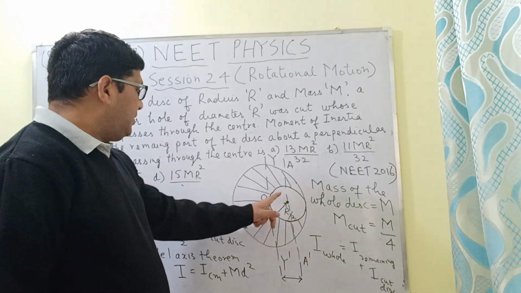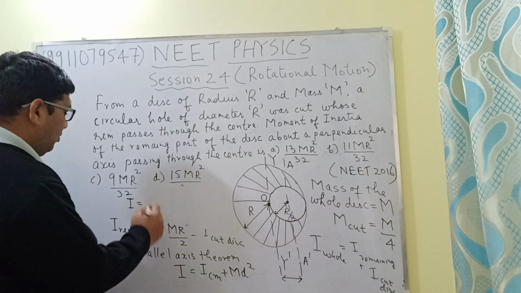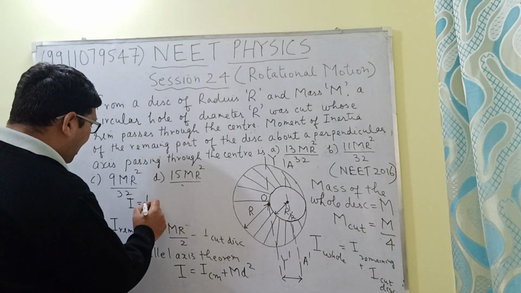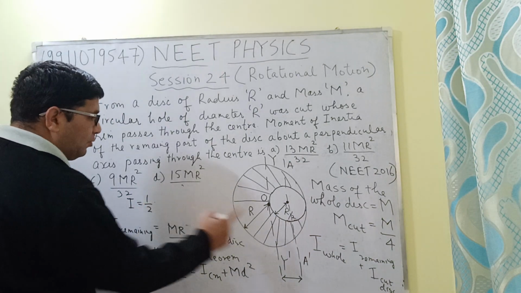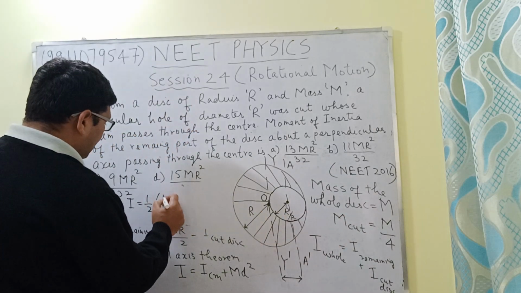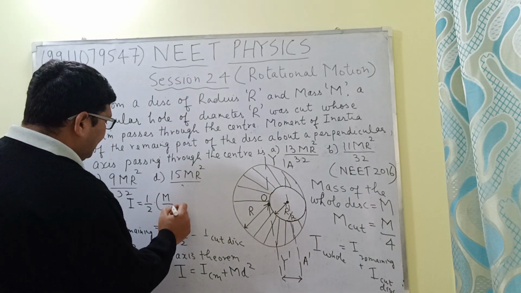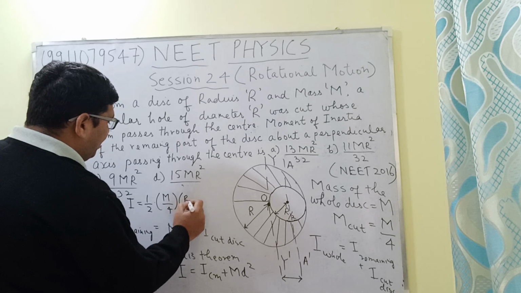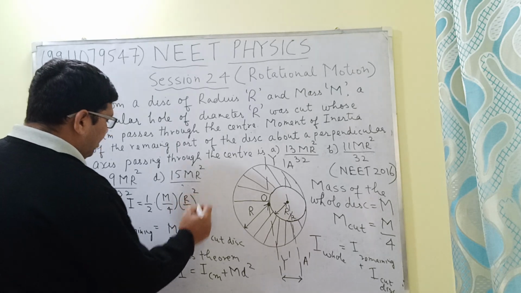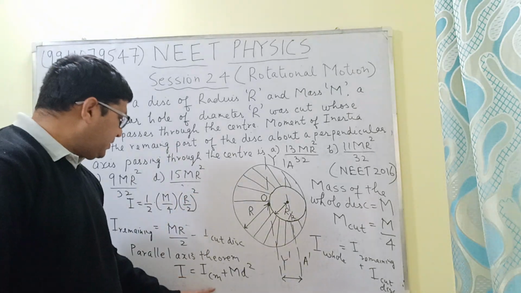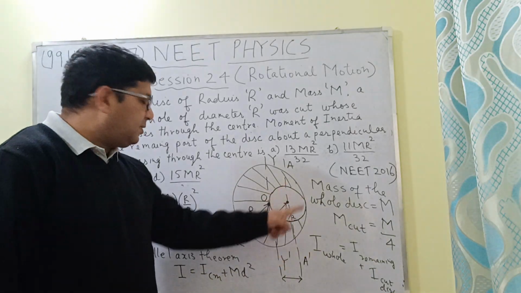ICM, the moment of inertia of this circular disk, will be equal to half m r square. Now m is m by 4 and the radius is r by 2, so it is half into m by 4 into r by 2 whole square.